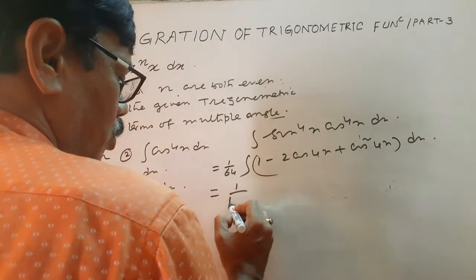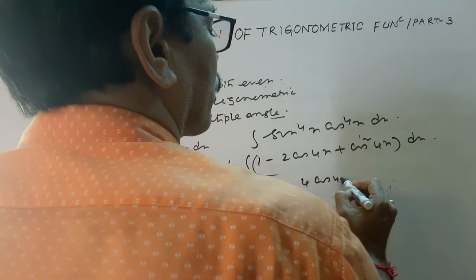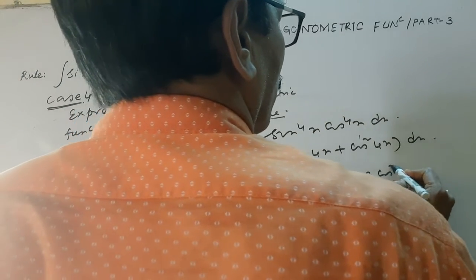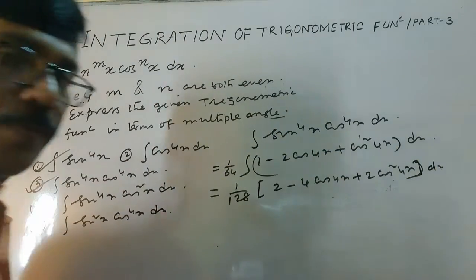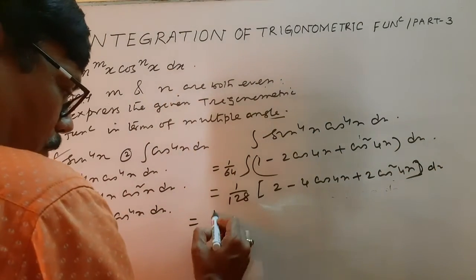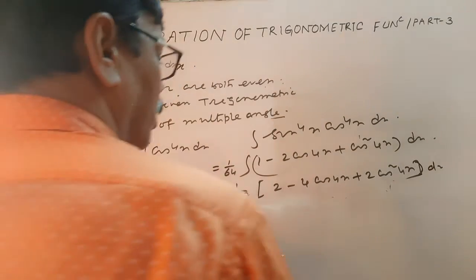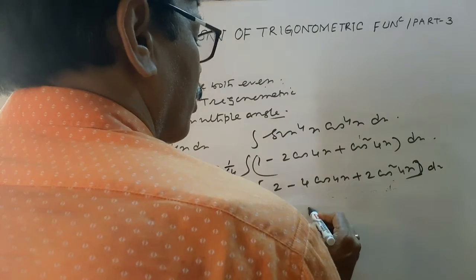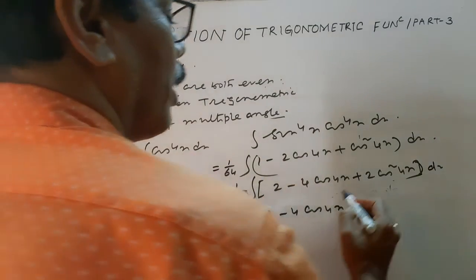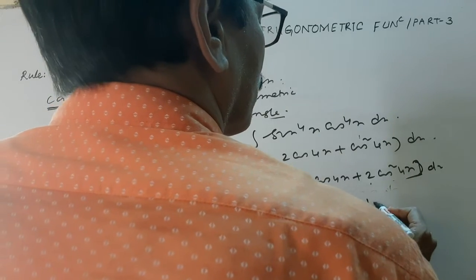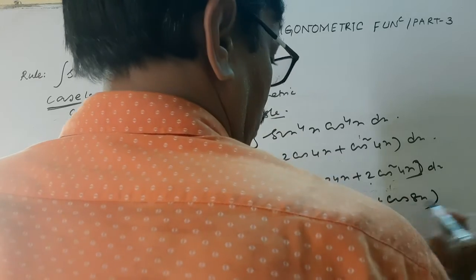So 1 by 128, 2 minus 4 cos 4x, and 2 cos square 4x is 1 plus cos 8x, dx.